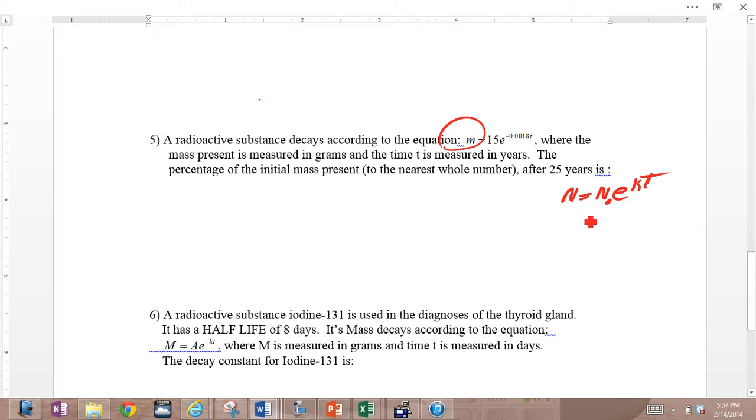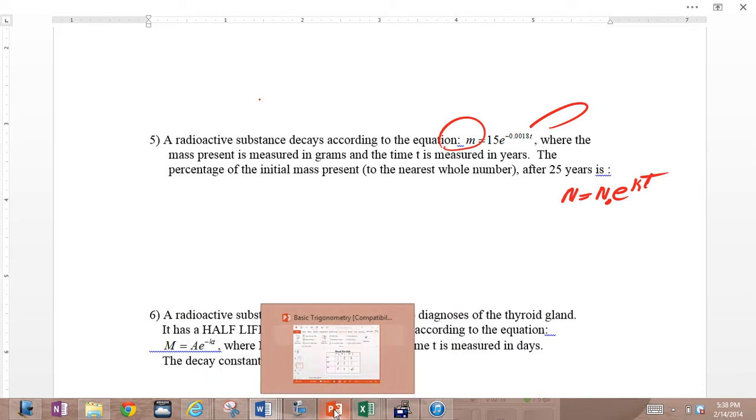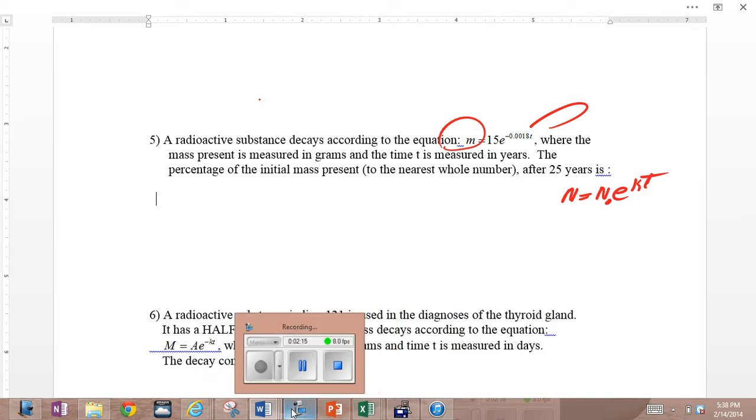We put in t as 25 years, and it's asking the percentage of the initial mass. The original mass was 15 grams, so whatever we get, we take it as a ratio over 15.